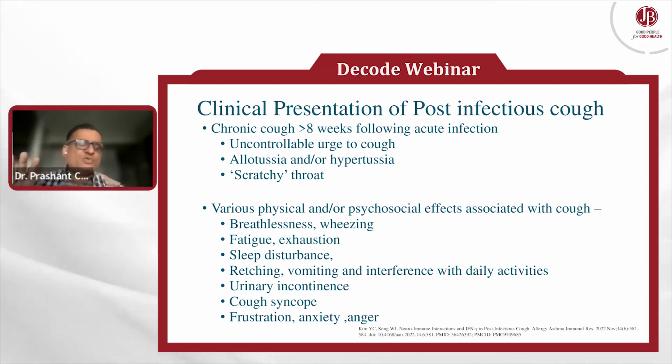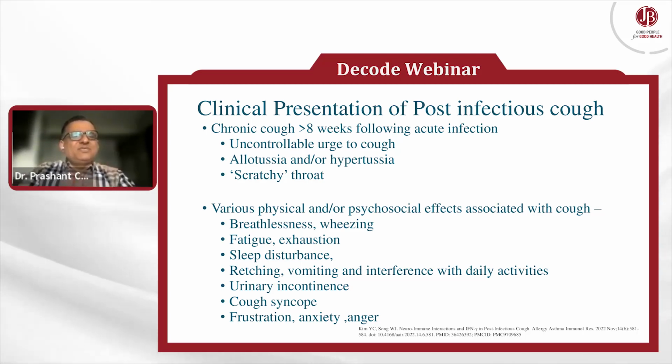Okay, this can be just a post-viral bronchitis. They are fatigued, they've got sleep disturbance, they've got retching, vomiting, urinary incontinence. And when you say urinary incontinence or cough syncope, that means it's really a severe bout of cough which can cause the cough syncope or urinary incontinence.